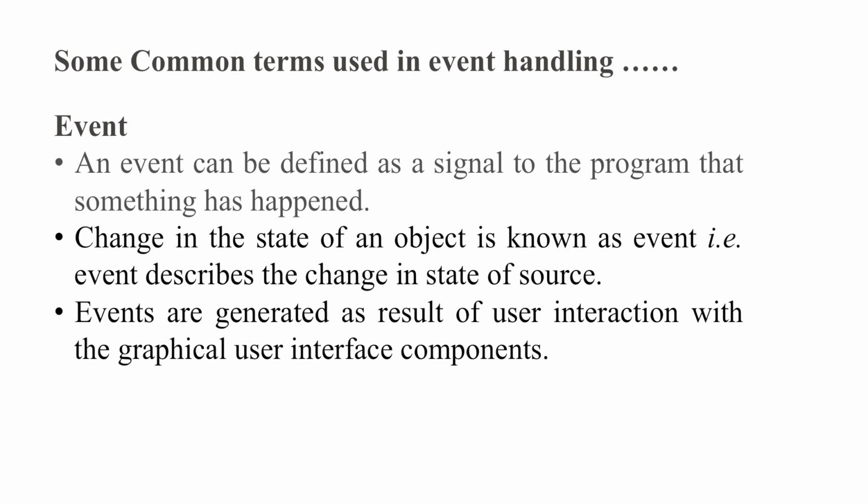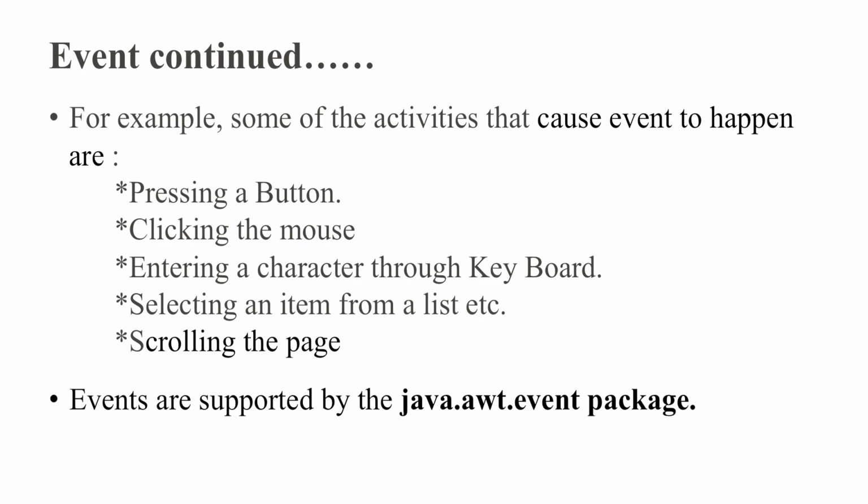Events are generated as a result of interaction with graphical user interface components. An event may be pressing a button, clicking the mouse, entering a character from the keyboard, selecting an item from a list, scrolling the page, etc. And these events are supported by the Java AWT event package.